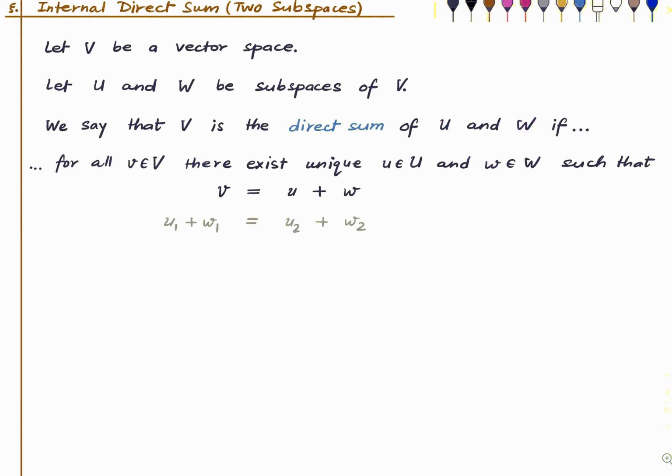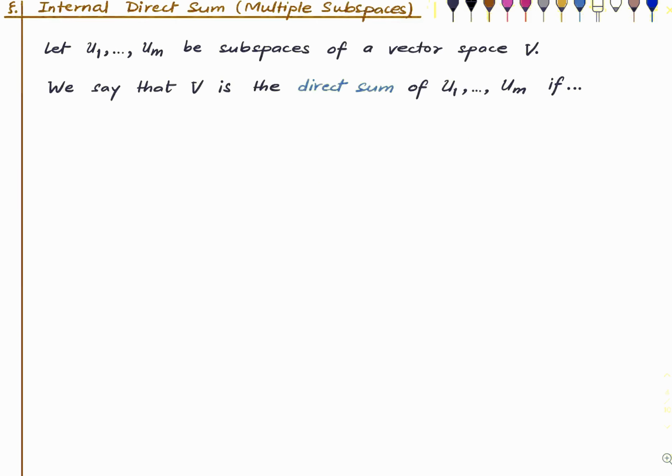Okay. So this was defined for two subspaces. We can generalize this to multiple subspaces. We will look at examples, but first let us get a few things out of the way. So let's define the notion of internal direct sum for multiple subspaces. This time we have some finitely many subspaces of a vector space V. Again, we are assuming this is finite dimensional, although that's not very important for this definition.